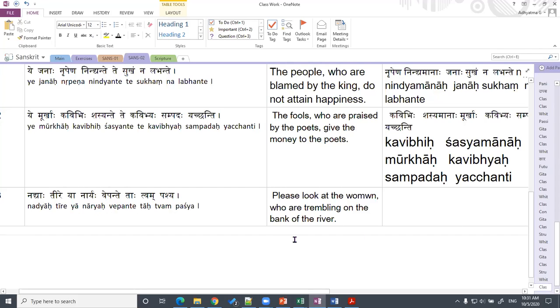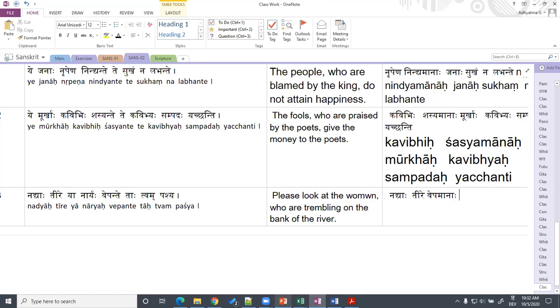And this one will become vepante, that will become the participle. So how will you say vepate, vepamanaha naryaha? And taha is the second case accusative, so it will become vepamana. So nadyaha tire vepamanaha.